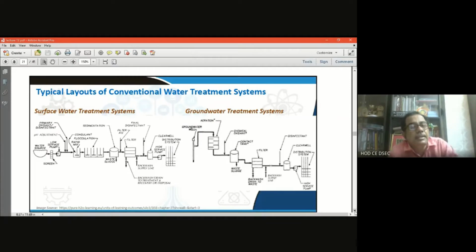First is the screening, as I have mentioned, then coagulation, that also I have mentioned, then the sedimentation tank, then the filter, then the final disinfectant. Either after filtration we'll add hydrogen peroxide, ozone, O3, or we'll provide chlorine as a disinfectant, and then the clear water, after the disinfection, will be pumped through the distribution system. This is the surface water treatment system.